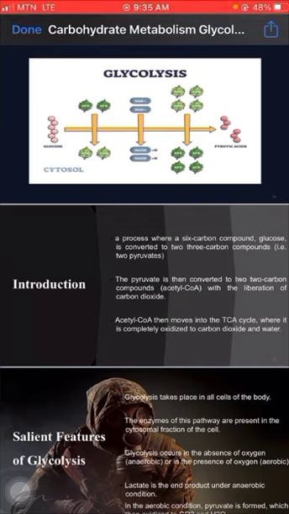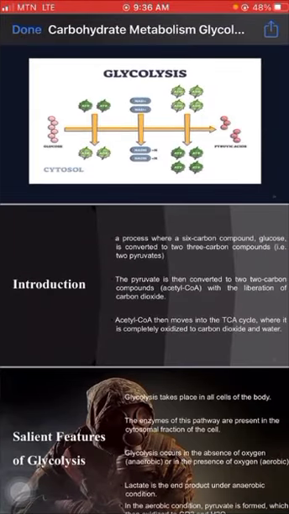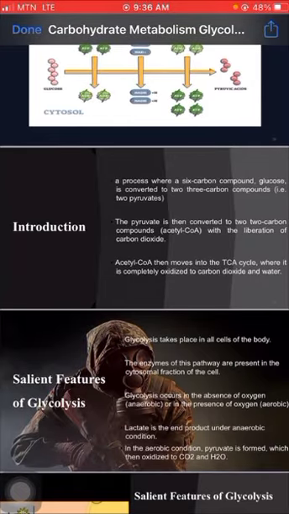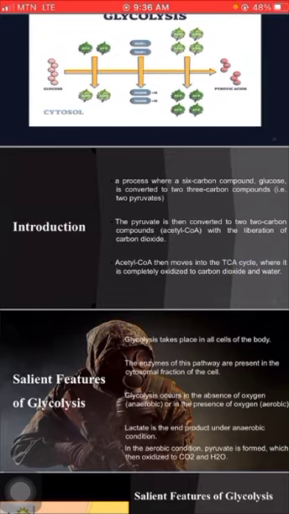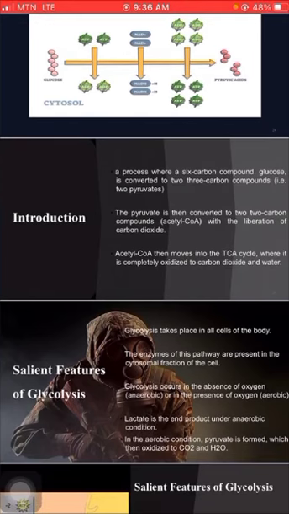And after being converted to acetyl-CoA, it will enter into the mitochondria and undergo another metabolic pathway we call the Krebs cycle, or the TCA cycle. Hope you understand that part.